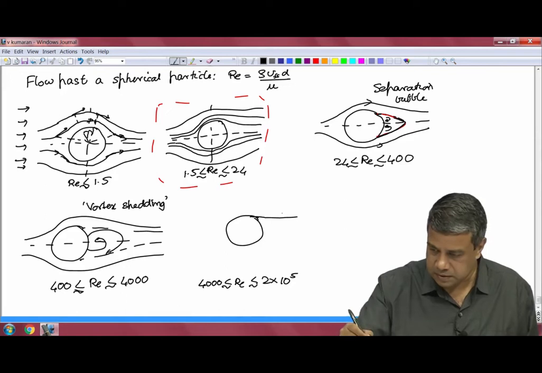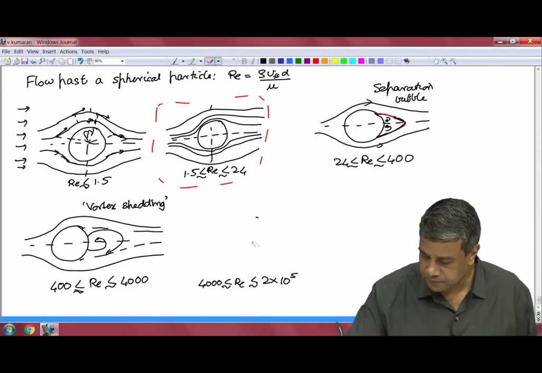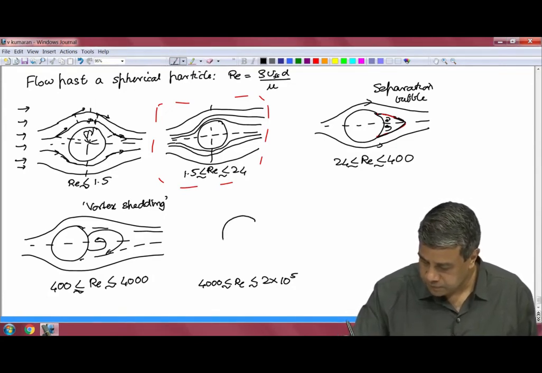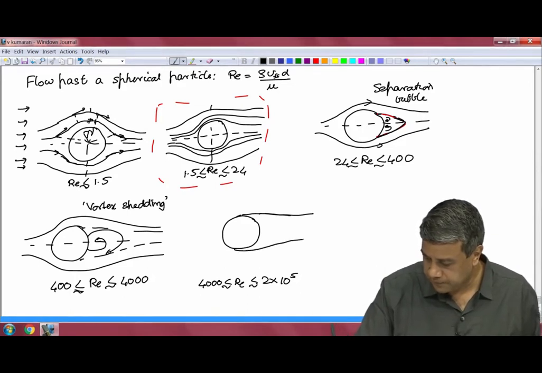So, let me just draw it more exactly. You have this region on this downstream side, where you have turbulence in the wake.